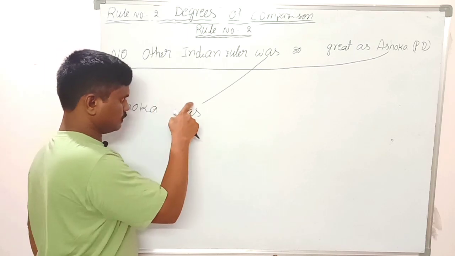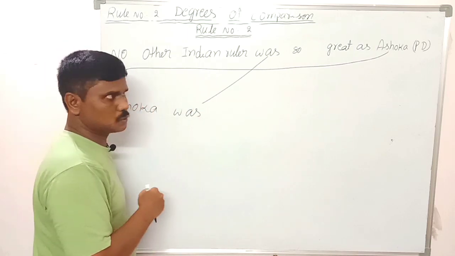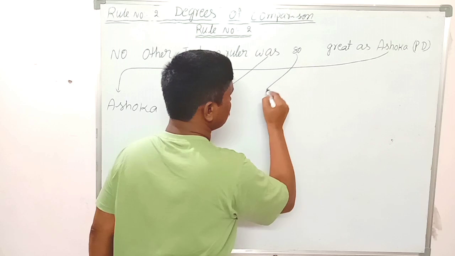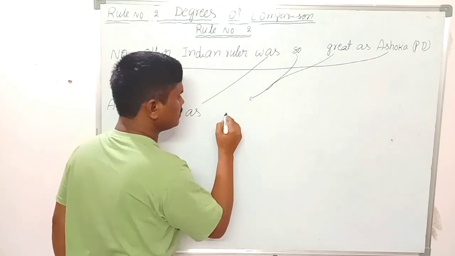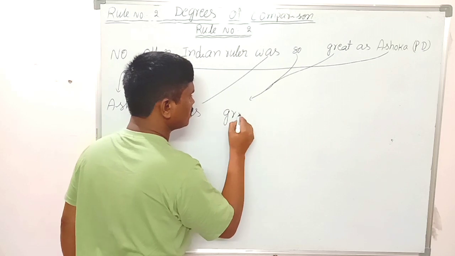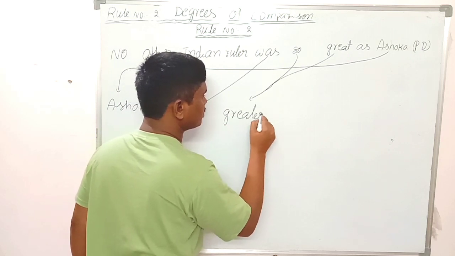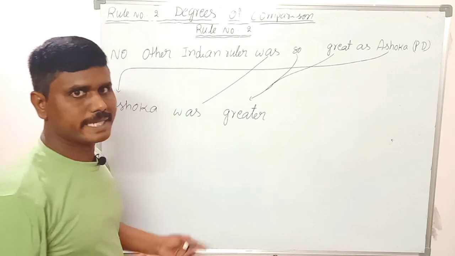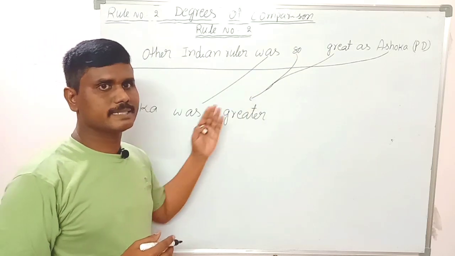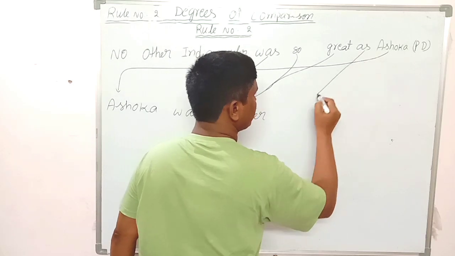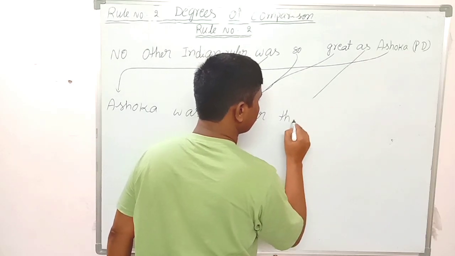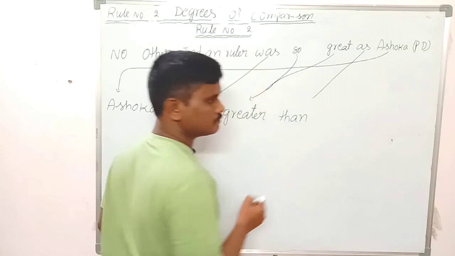After subject and verb we write adjective 2. That means this so great or as great changes to adjective 2. The adjective 2 is greater. Great, greater, greatest. The second as always changes to than.